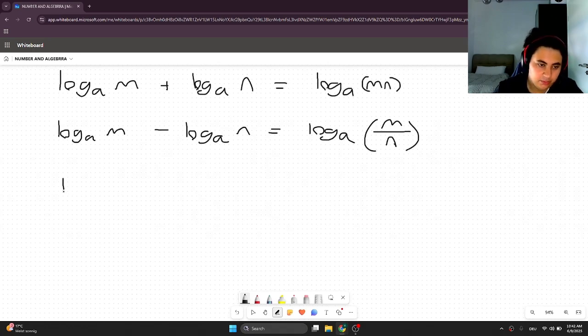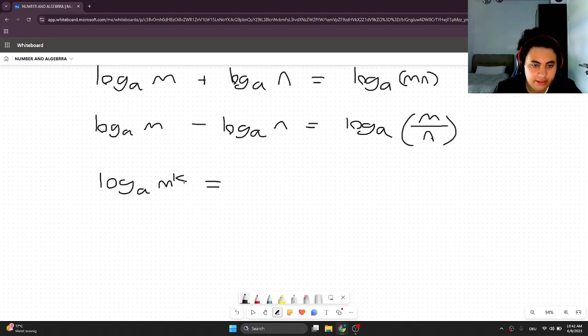Then you have the power rule. If you have something like log a of m to the power of k, then you can take this k and place it in the beginning here. So you can multiply this entire expression by k. So it will be k times log a m.